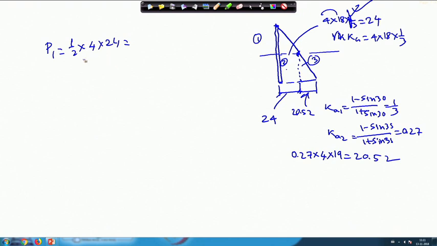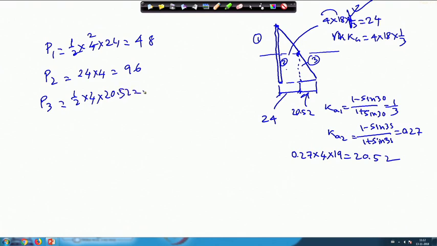So, now area will be half into 4 into 24, it will be 48, and your P 2 will become your 24 multiplied by 4, it will be 96, and P 3 will be equal to a half multiplied by 4 multiplied by 20.52.